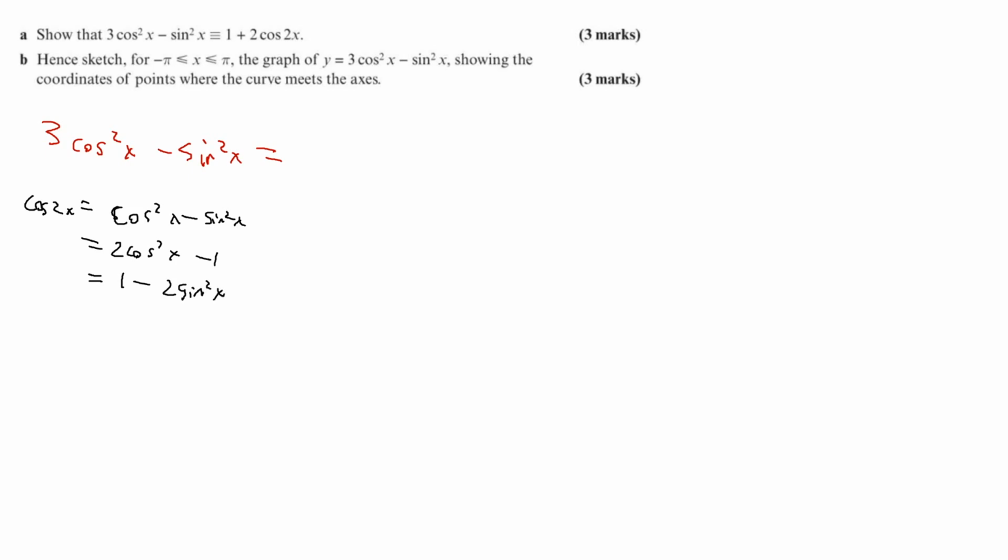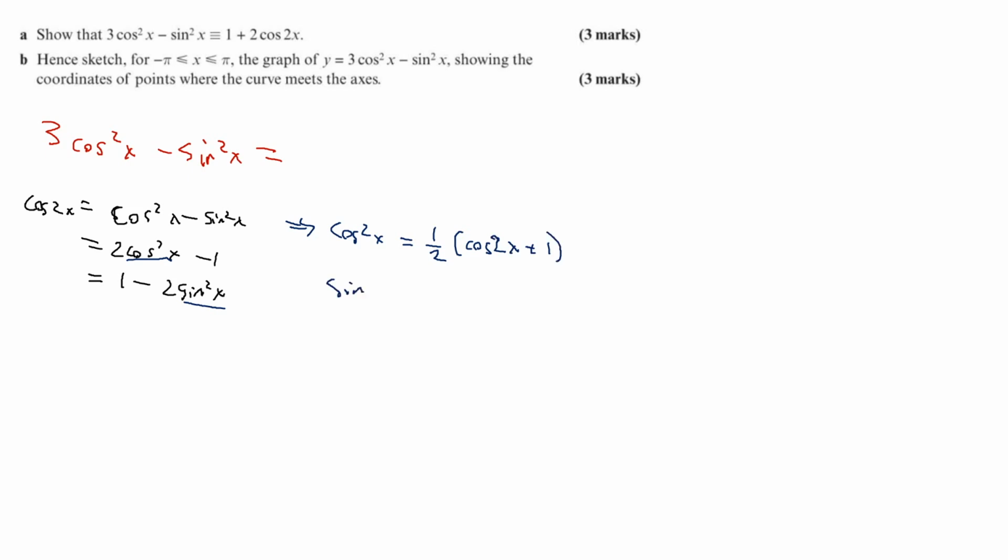So all we're going to do is make these the subjects for each of them. By doing that, cos squared x is equal to 1/2 times (cos 2x plus 1), okay?